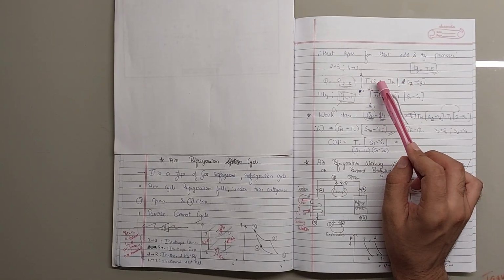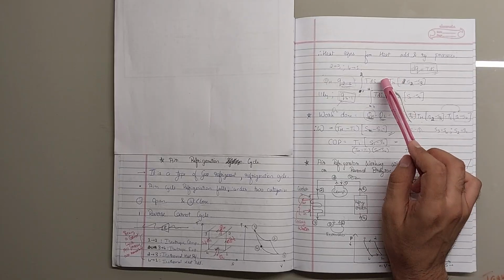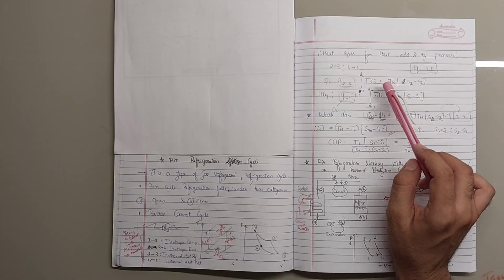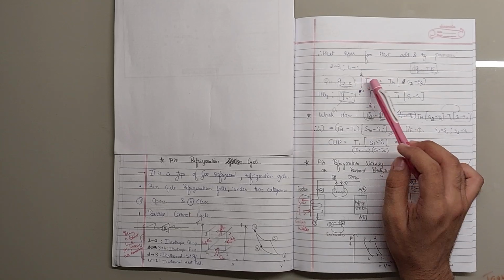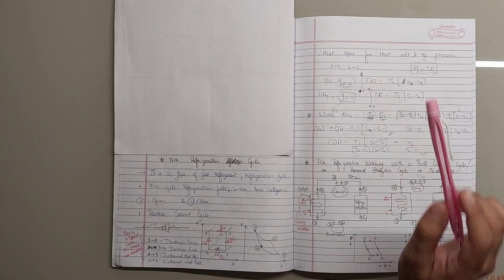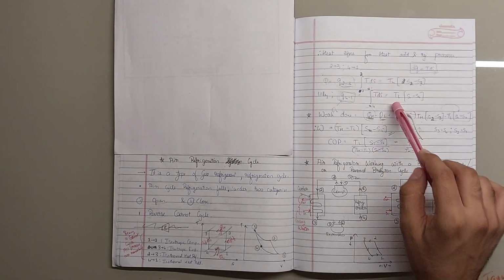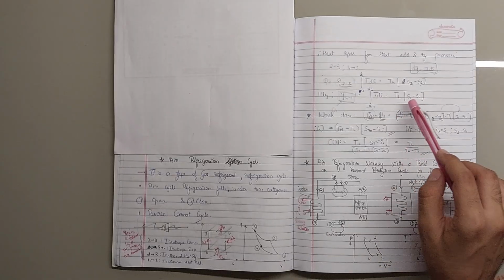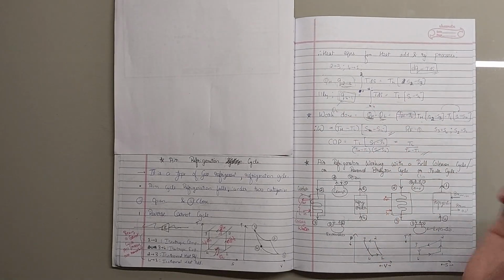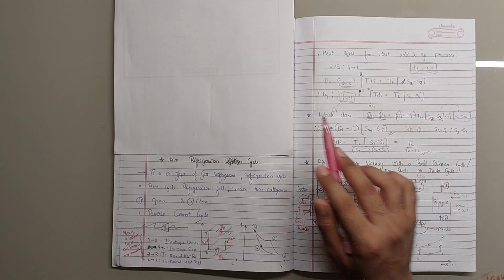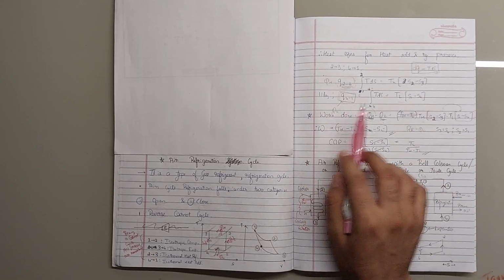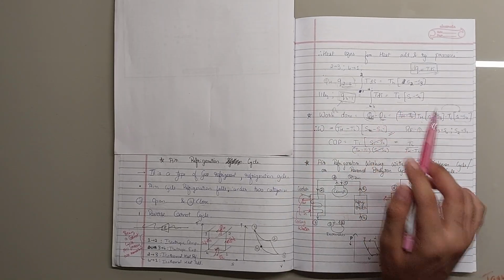We integrate, there is no S, there is just ds, so integration of ds is S between the points 2 to 3, so it is normal integration. T is constant, T for the QH process is TH, T for the QL process is TL, we can see. Therefore QH equals TH into S2 minus S3 and QL equals TL into S1 minus S4.